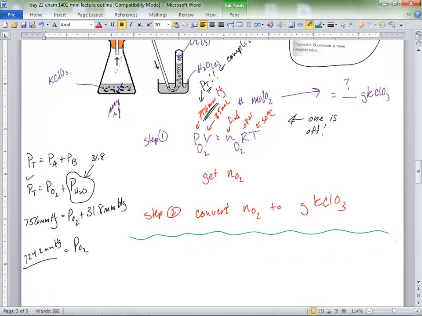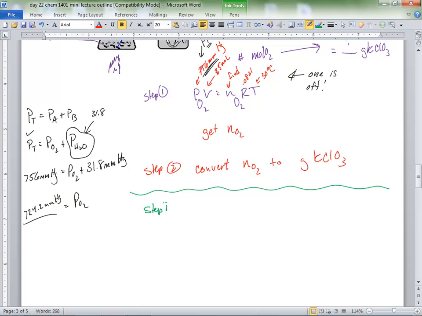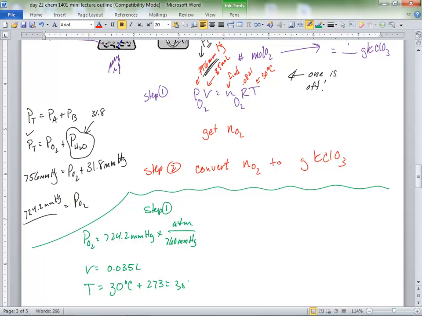Yeah, it has to be in atm. Oh, if you want to solve for n, leave n where it is. Bring RT over.